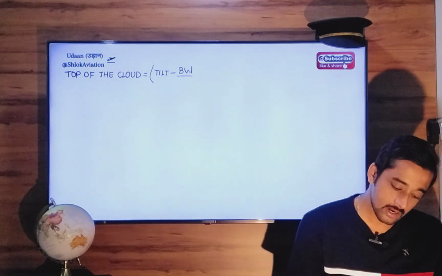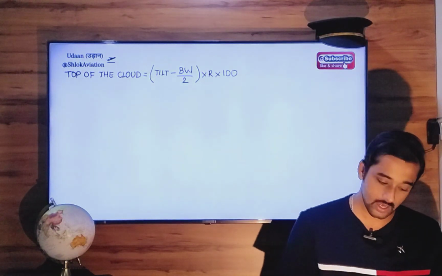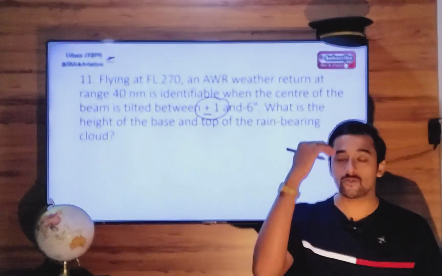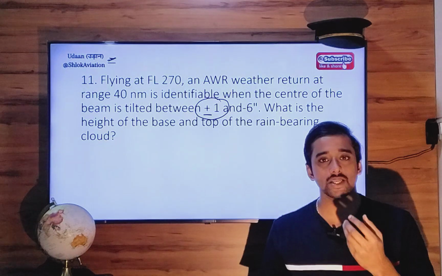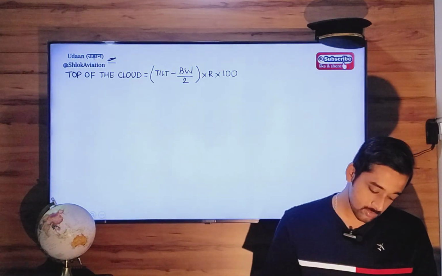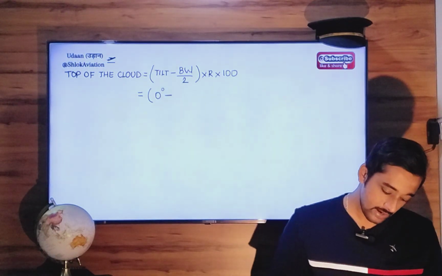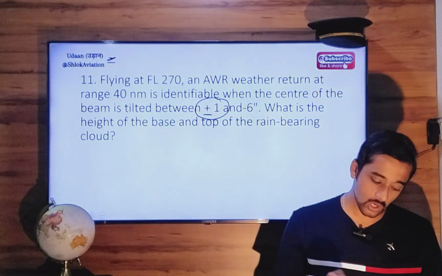Tilt minus beam width divided by 2 into range into 100. Now here the tilt for finding the top of the cloud is plus minus 1 degree. Plus minus 1 degree means 0 degree. So let's substitute 0 degree here. Beam width is not given to you.